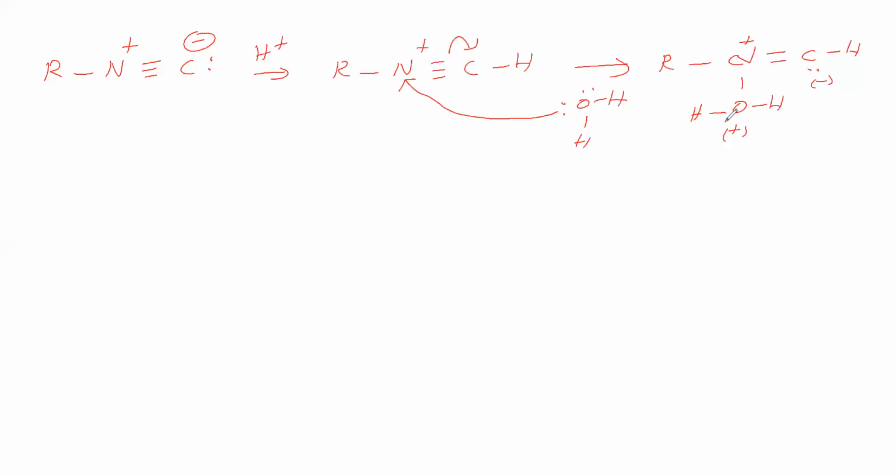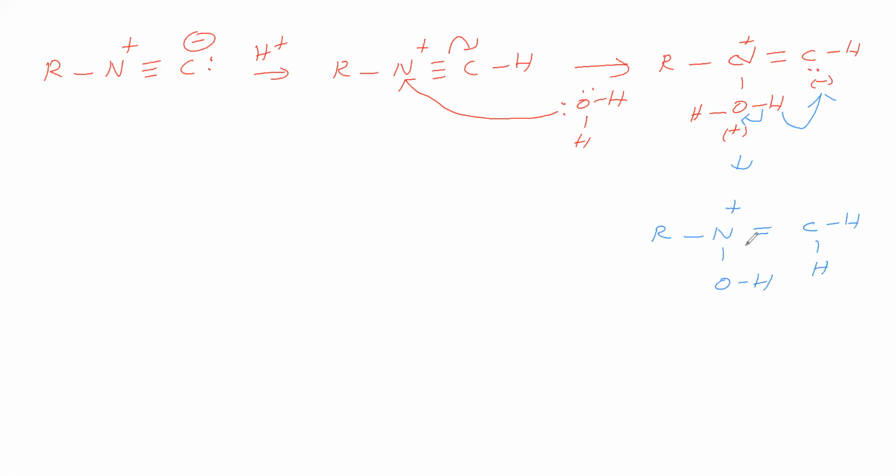Next, this bond is shifting, then this H is attacking. So we'll get RN OH, here positive charge, here double bond, CH2. If it is so, actually we are getting primary amine and formic acid.